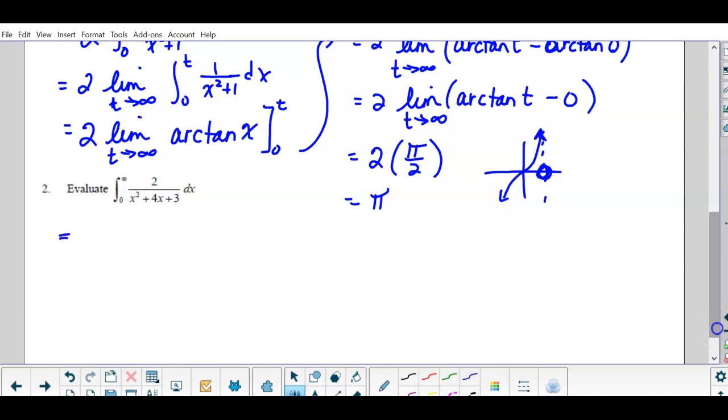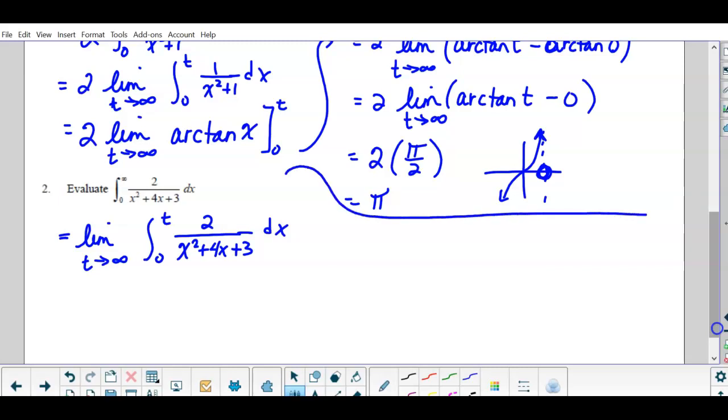So the next one will be the limit as t approaches infinity of the integral from 0 to t of 2 over x squared plus 4x plus 3 dx. Okay, so substitution, we substituted the denominator, taking the derivative would be 2x plus 4, not going to help us out. Let's factor it.